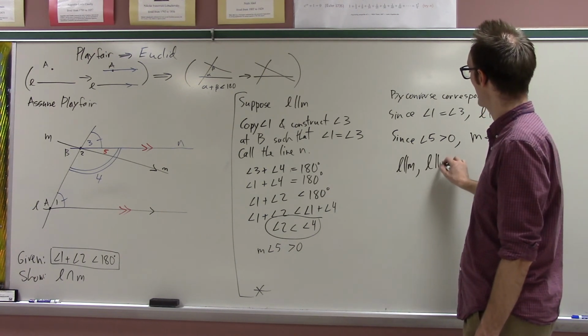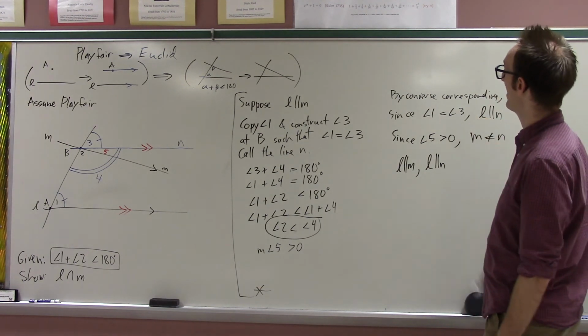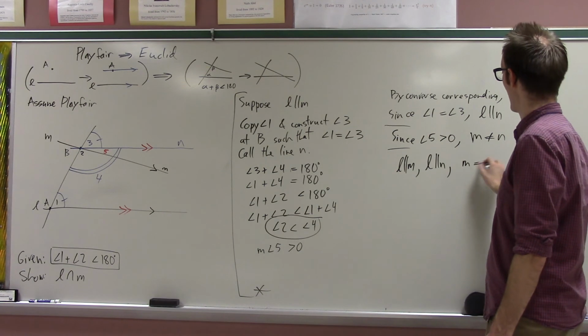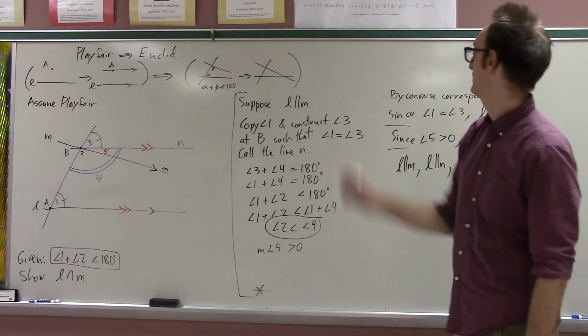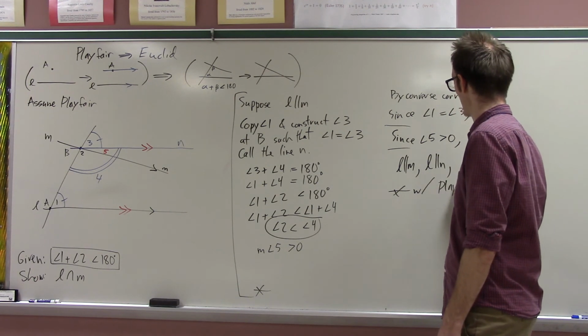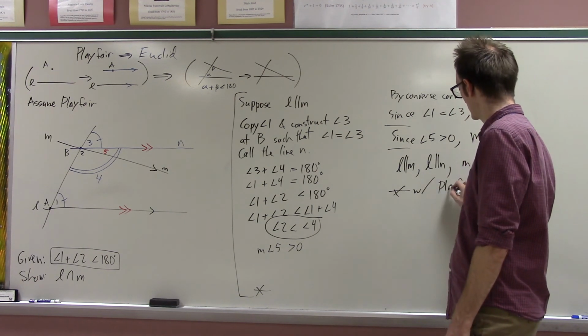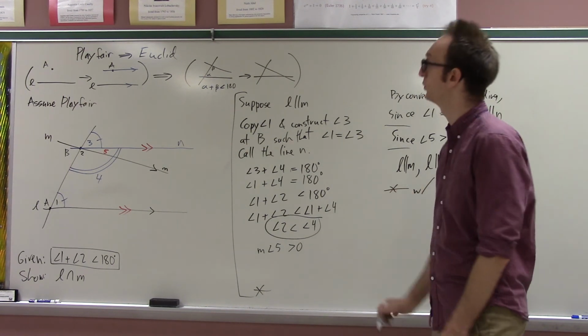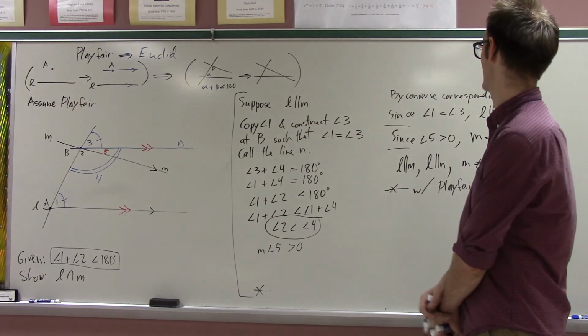L is parallel to N by converse corresponding. These are separate remarks. And also M is not equal to N. That is a contradiction with Playfair. This is exactly what Playfair says can't happen, that there are two lines through B parallel to L.